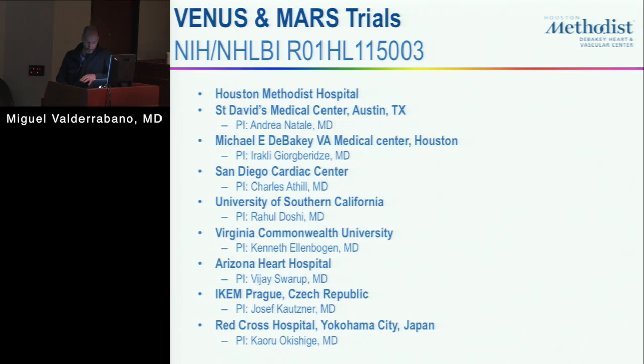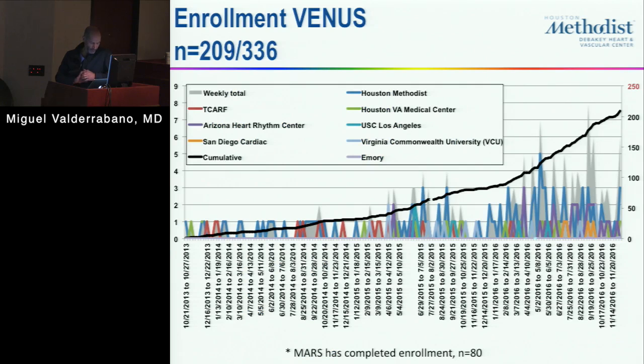MARS, we finished enrollment a few months ago. And VENUS, we are up to 212 patients now in the 8 centers that are enrolling. And we have 120 to go. And we have until July 2018 to finish the study. Probably we need to apply for a no-cost extension for the follow-up. But I think we'll get this done.